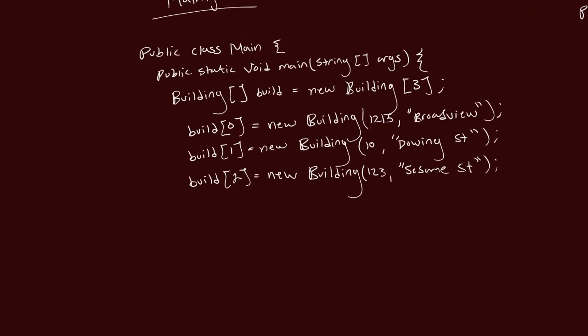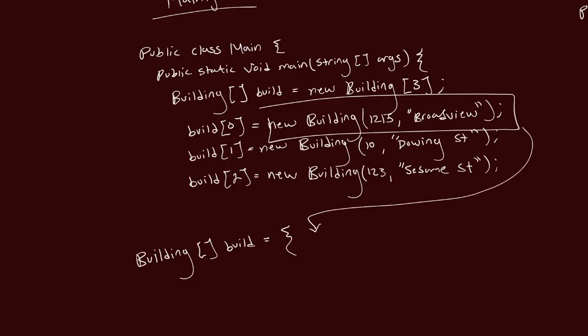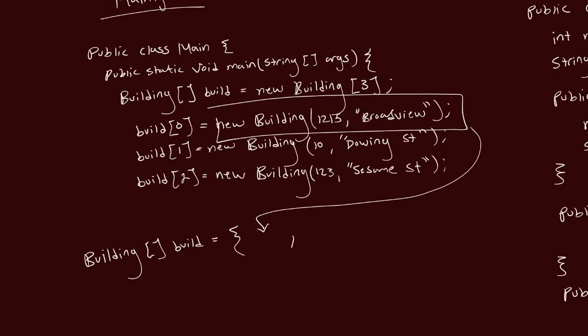Another way you can also do it is like this. So you do Building, hold on, sorry, I spelled it wrong. Building build equals, and then you do curly brackets, and then you pass in this new Building into here. Then you do a comma, and then you pass new Building of this one into here.